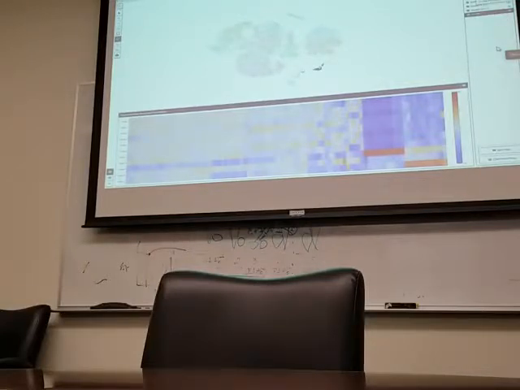I'm not sure if there's a way in this program to exclude them. We asked the transcriptome guy on Monday or Tuesday, and he said you can export the data and then redo it. That makes sense, because macrophages and T cells inadvertently got thrown in, and they're distorting this plot. It'd be good to get rid of them and then redo the plot and see if it's any different.